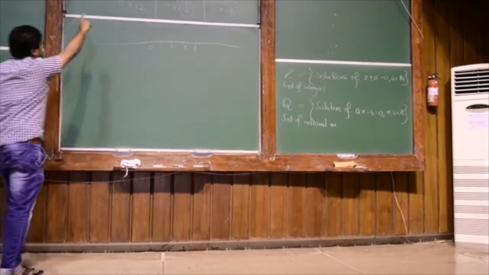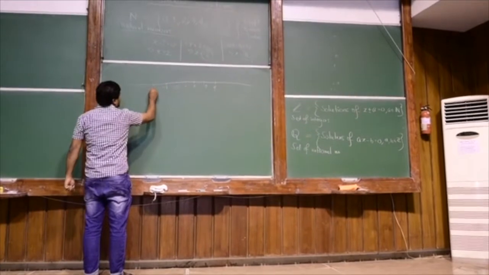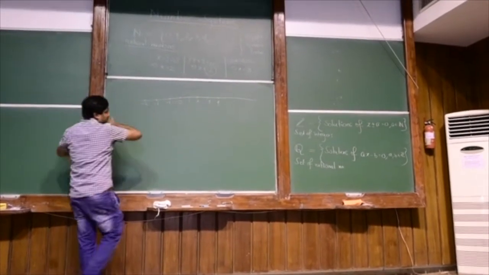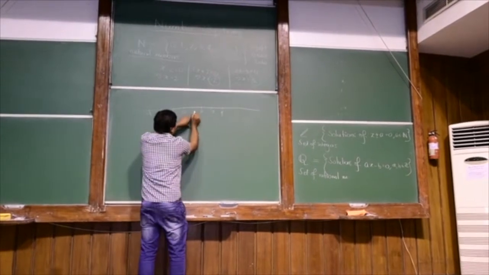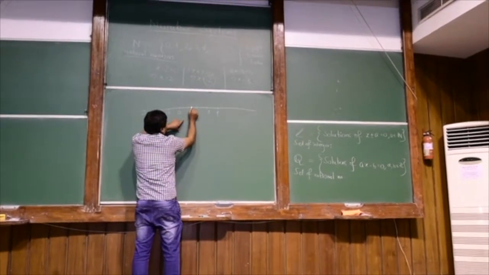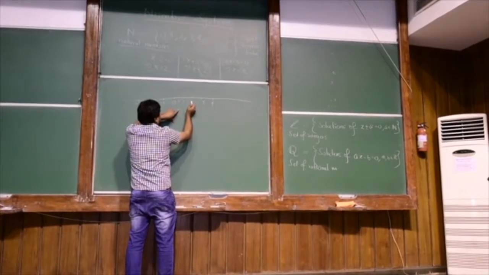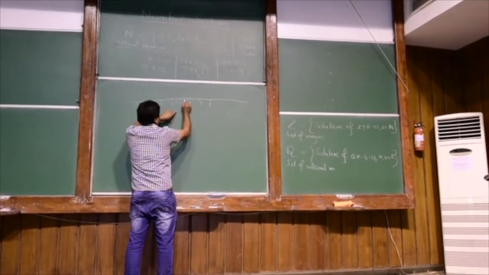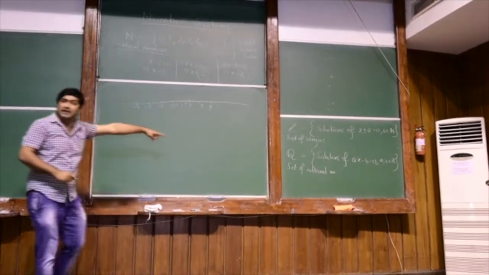This is the natural line. Then I put the minus, which makes me the integers. And now what I am trying to do is fill up the gaps. So here for example I can put half, here 1.5, and in this way it goes on. Those are the rational numbers.